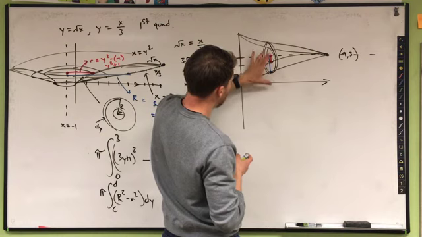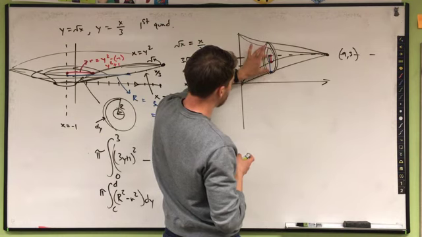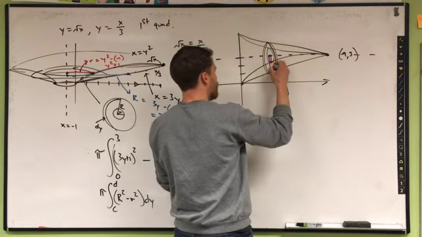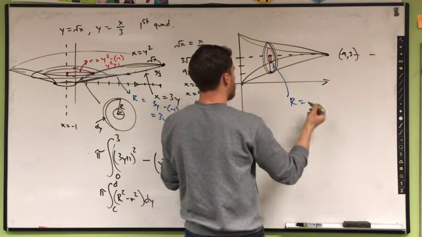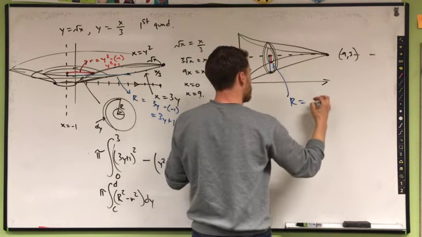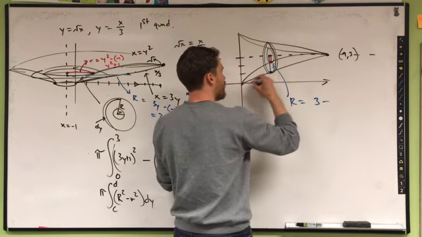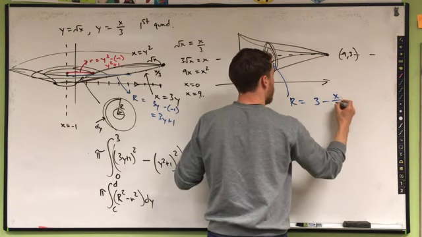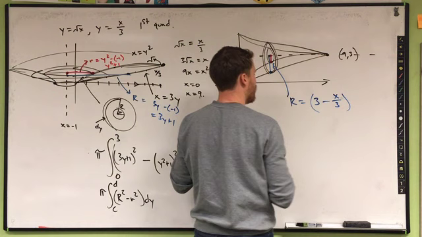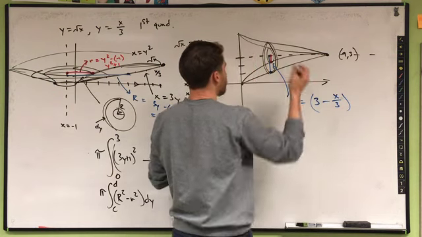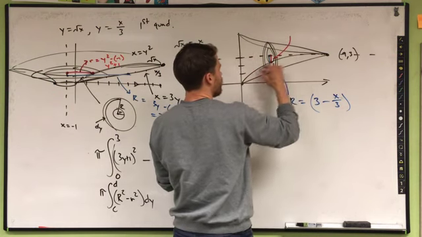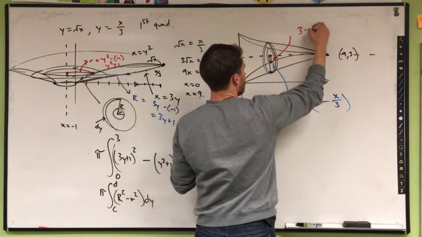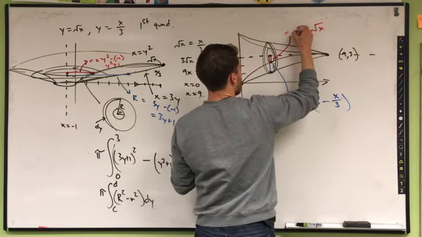That's the function value. That's 3, so if I subtract the function value, I get that distance. So that's my big R, that's 3 minus my lower function, which was x over 3. That's my big radius. And my little radius right here, same thing, except I'm subtracting off a bigger function value. So that should be 3 minus the square root of x. That's my little r.